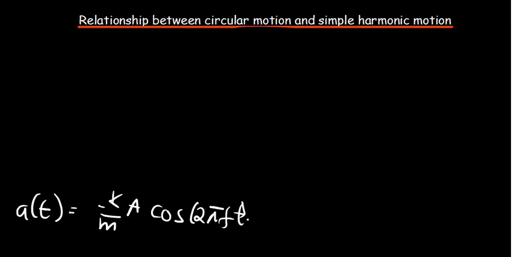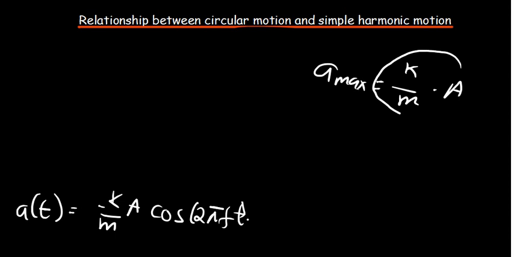We need to recall that acceleration, we said acceleration is equal to what? If we can remember very well, we said our maximum acceleration is equal to k over m times A. But this is the same as what I have there.